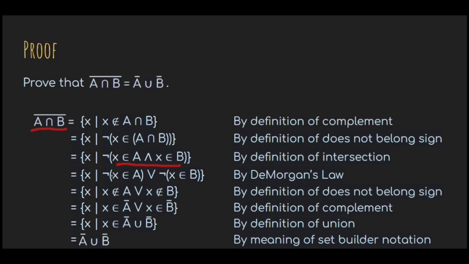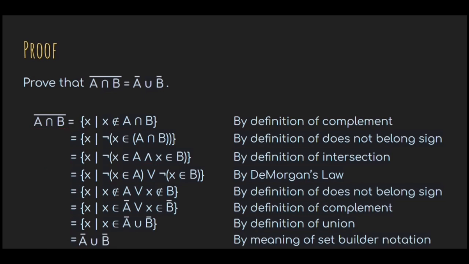So the negation of x belongs to A, or the negation of x belongs to B. Then throw in the negation signs again: x does not belong to A, or x does not belong to B. Using the definition of a complement, x belongs to the complement of A, or x belongs to the complement of B. And by the definition of a union, x belongs to the complement of A union the complement of B, which means the complement of A union the complement of B is your answer right here.